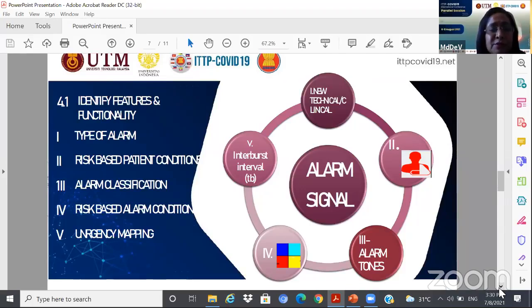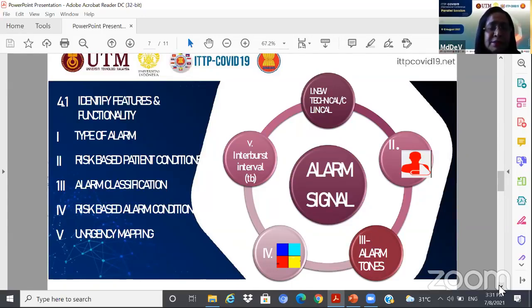So the information, whether it's a clinical or a technical alarm, will be based on the frequency that has been recommended in the standards. Second information is a risk-based patient condition. For example, the condition of the patient, like the COVID patient, they have been categorized into 4 categories.